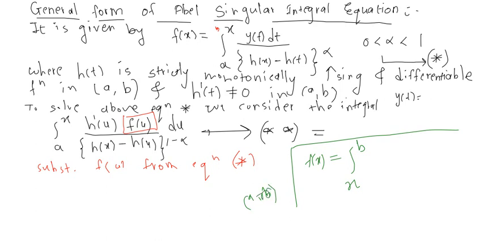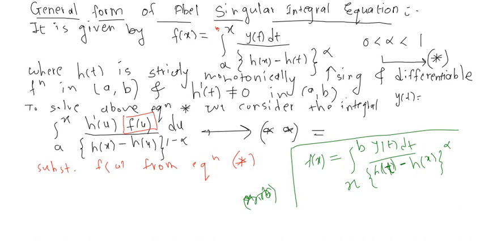So if it is this equation, that is y of t dt divided by h of t minus h of x raised to alpha, if it is from x to b, you can be asked to evaluate this type of integral.